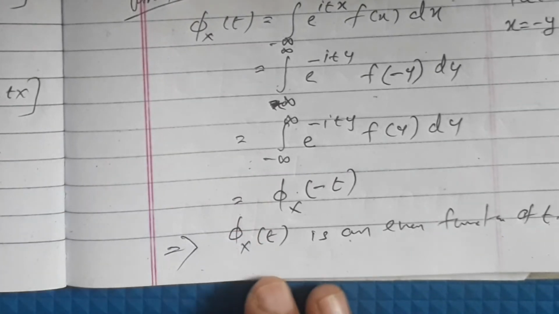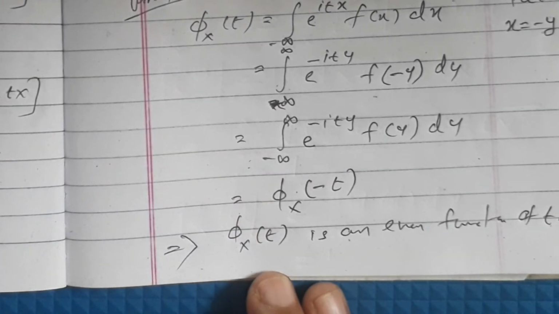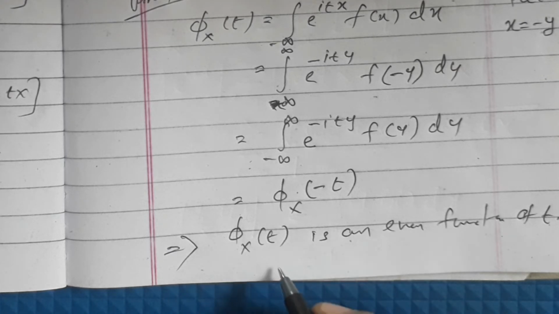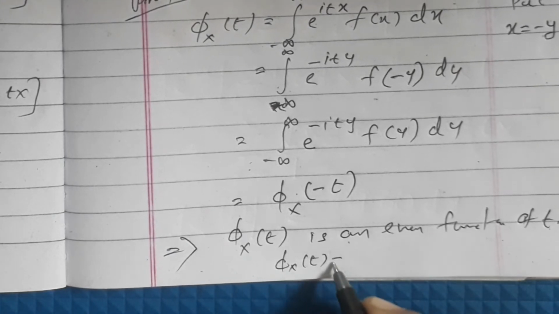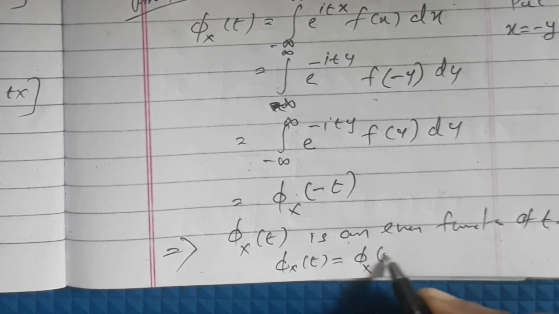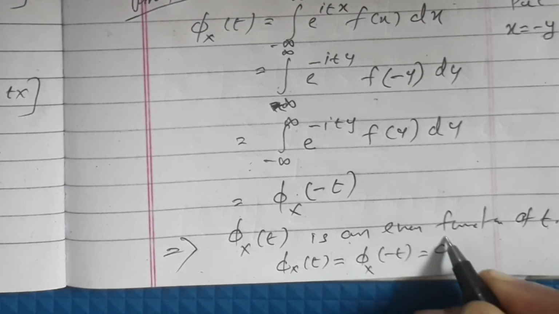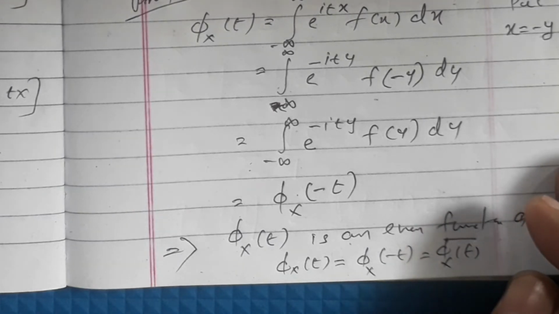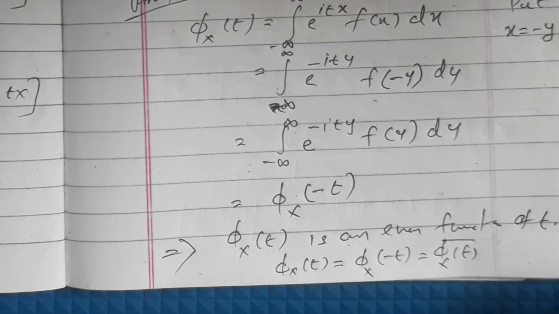So phi x of t equal to phi x of minus t, which is equal to phi x of t bar. Phi x of t equal to phi x of minus t equal to phi x of t bar. So it is real valued, and phi x of t is a real valued and even function of t.